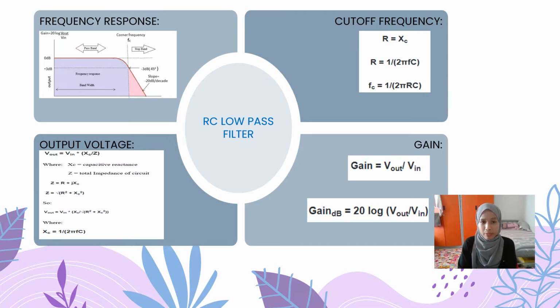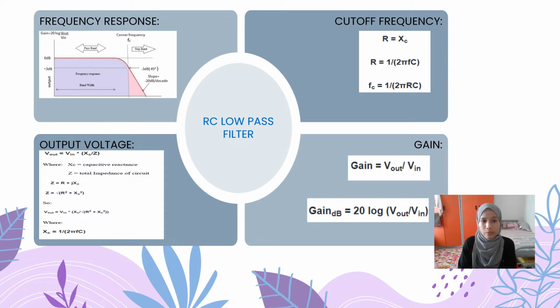We also know that the capacitive reactance of a capacitor in an AC circuit is given as Xc equals 1 divided by 2 pi FC, where Xc is the reactance of the capacitor, F is the applied signal frequency, and C is the capacitance of the capacitor.